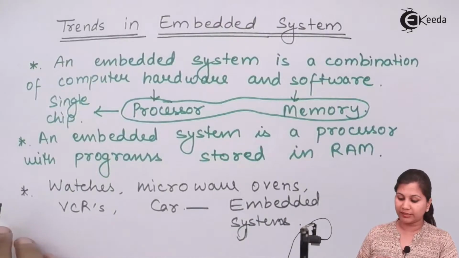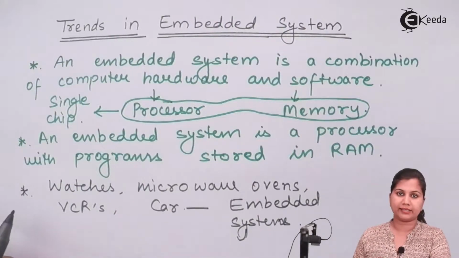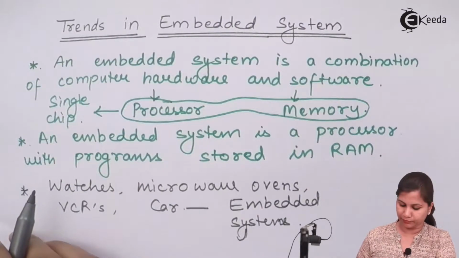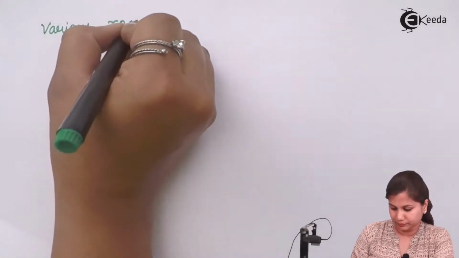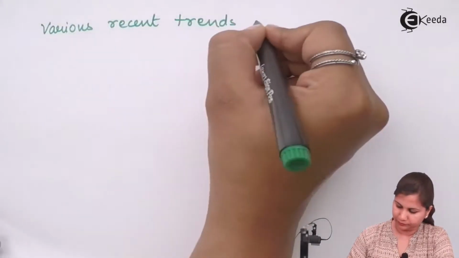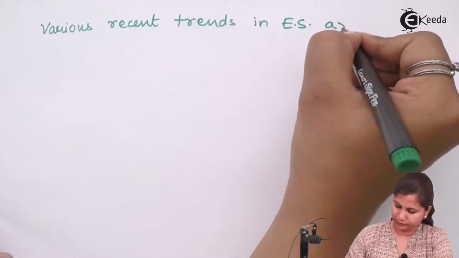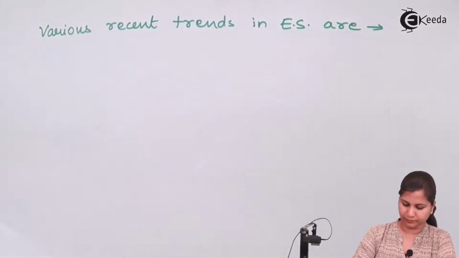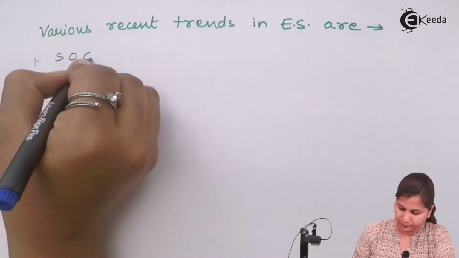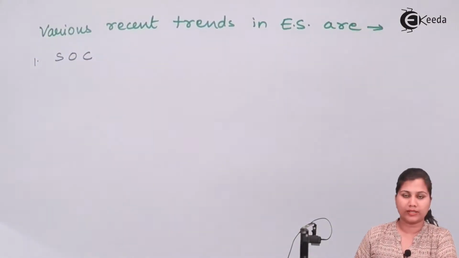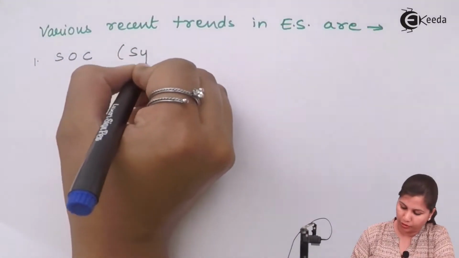So here we are studying about the trends in the embedded system. The various trends present in the embedded system are: first is SoC, that is system on chip.